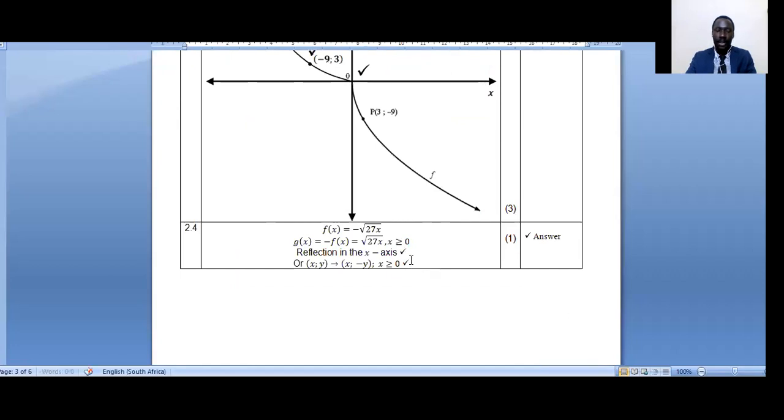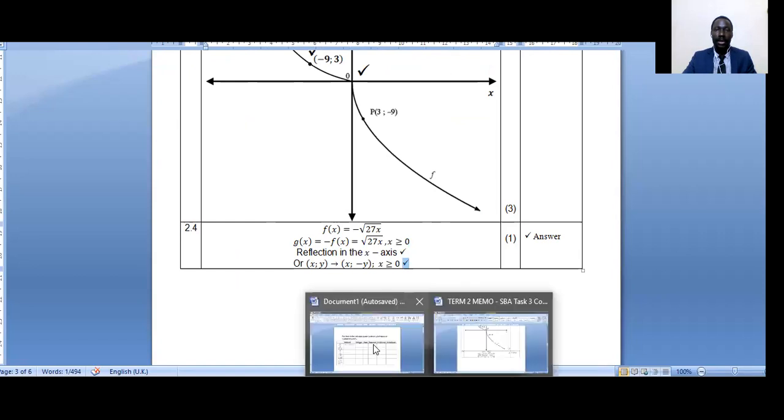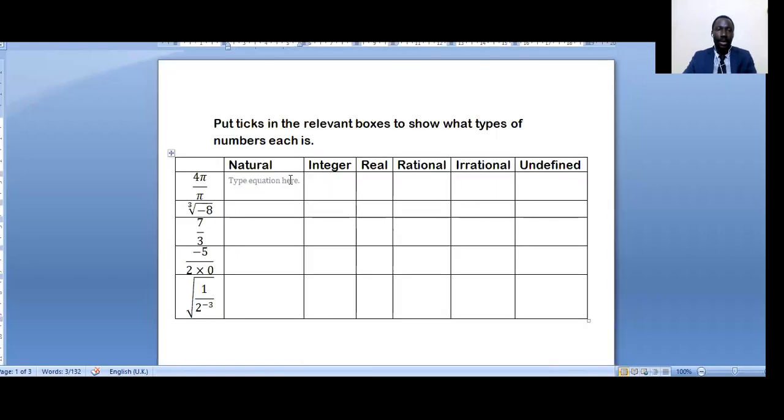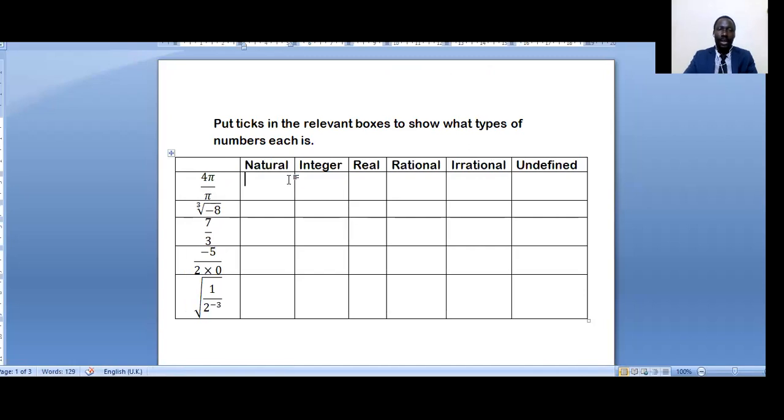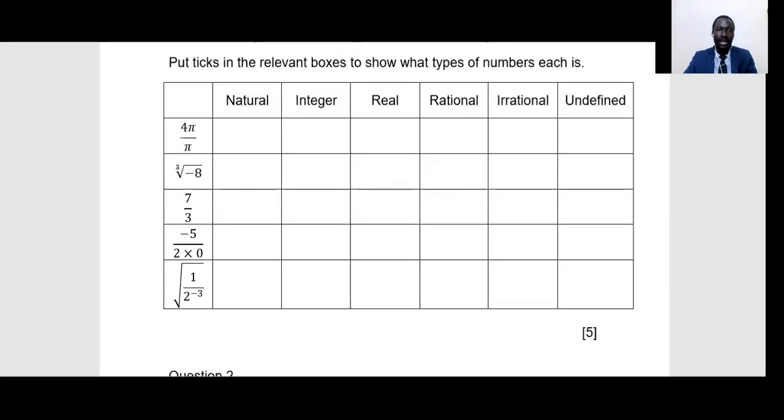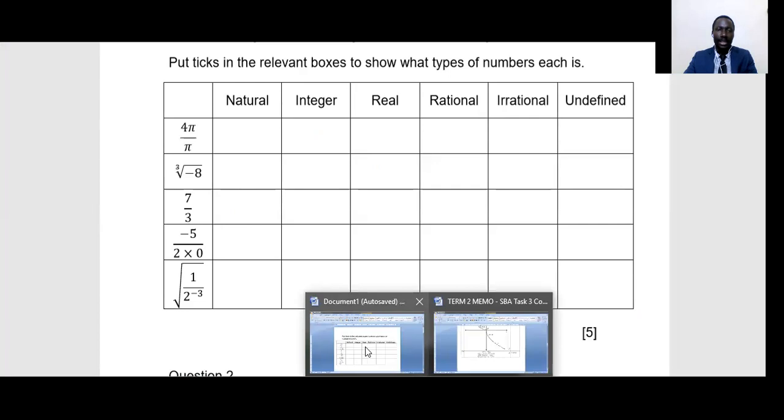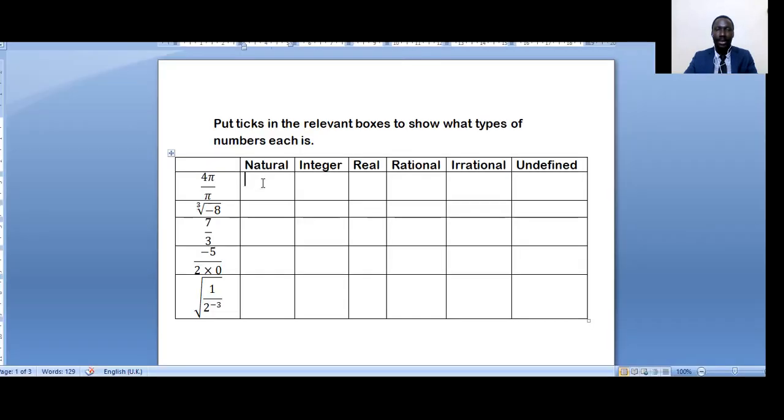So yes, there is one tick here that I guess we have to transfer. Okay, so there we go. This is what we have. All right, so now, 4 pi divided by pi. Here is the question. It's going to be easy for us to put ticks from here because the other one is in PDF, so it's going to be difficult for us to keep editing from PDF. We could do it, but that will be for next time.